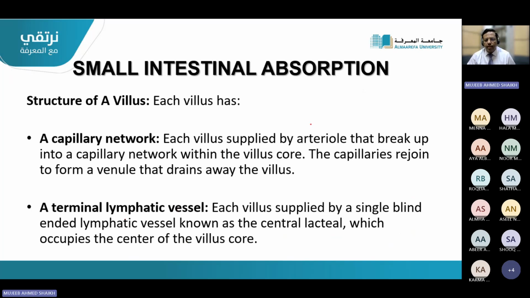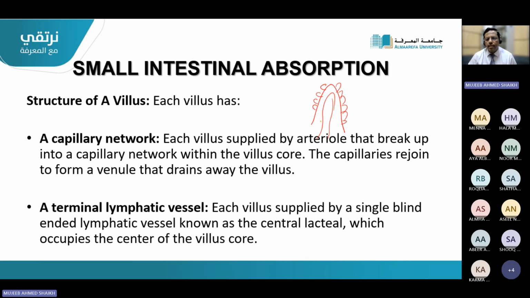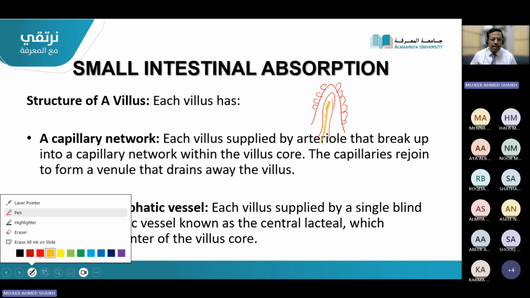So for every villus, there is a specific structure. This is one villus. It has a capillary network here, and in the center there is one blind-ended vessel, which is a branch of the lymphatic vessel, known as the lacteal.